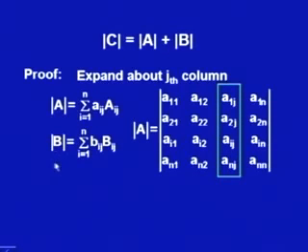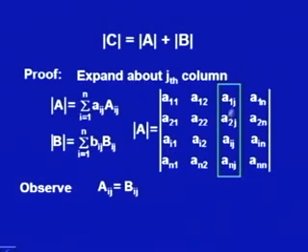Now one can observe that the cofactor Aij is equal to the cofactor Bij. Why? Because the cofactor of the Aij element is obtained by deleting this column and this row. Bij is the cofactor in the B matrix by eliminating this column and this row.